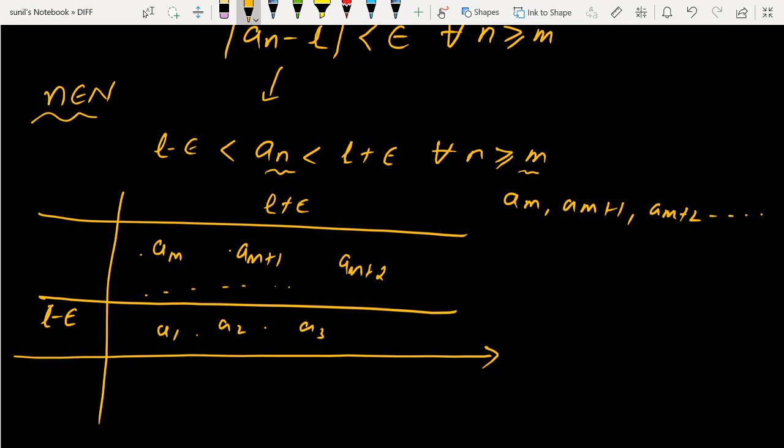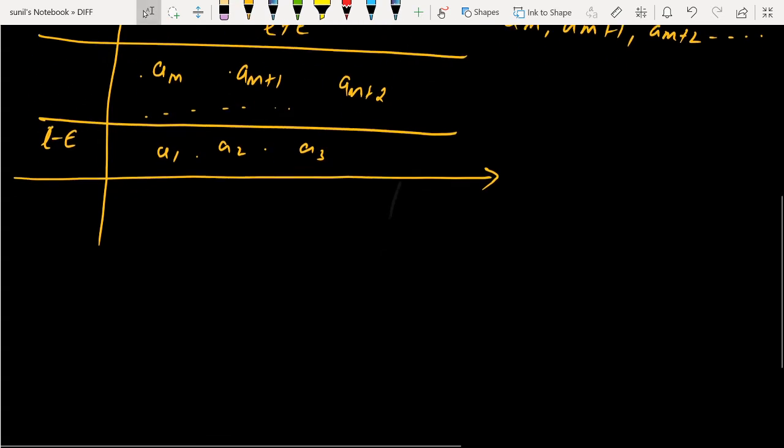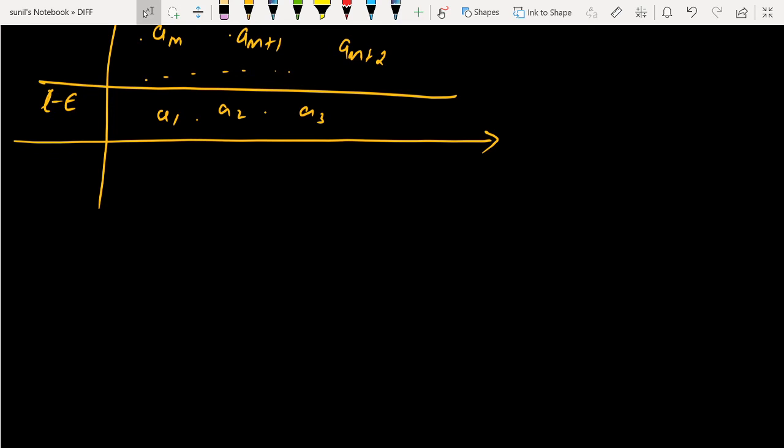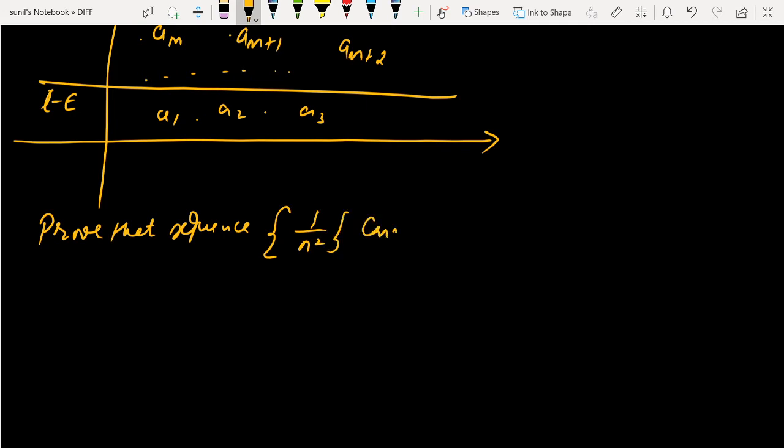Now we'll apply this definition to a problem, to see how we are going to find this m. Suppose the question is: prove that the sequence 1 by n square converges to 0.